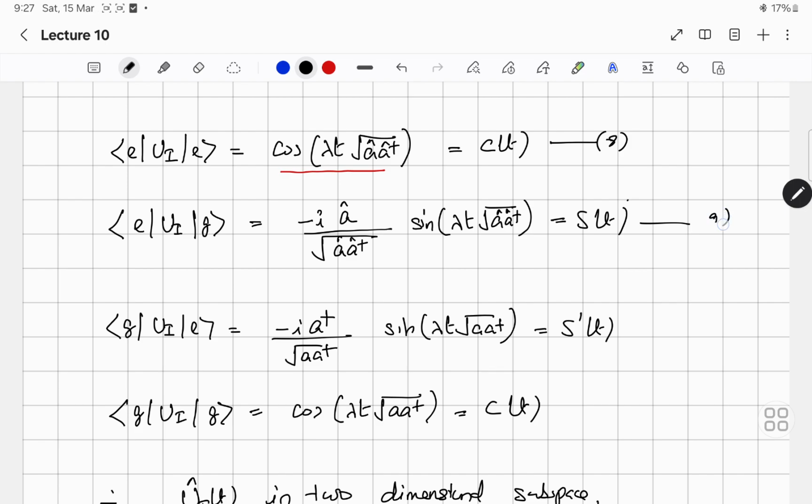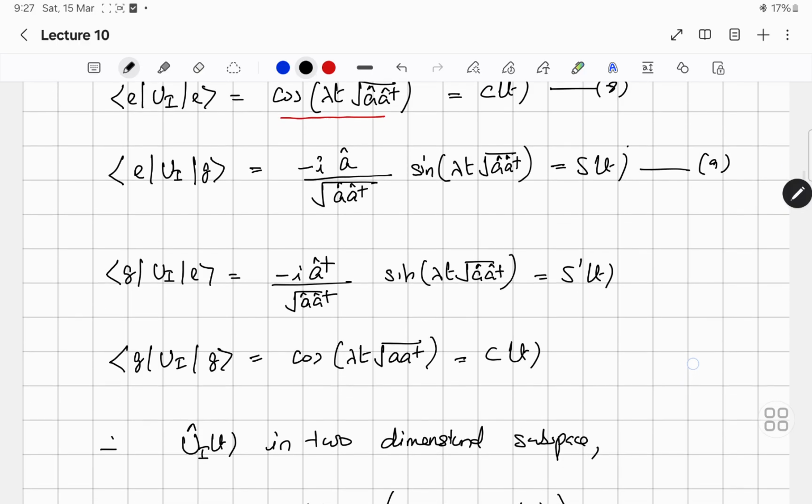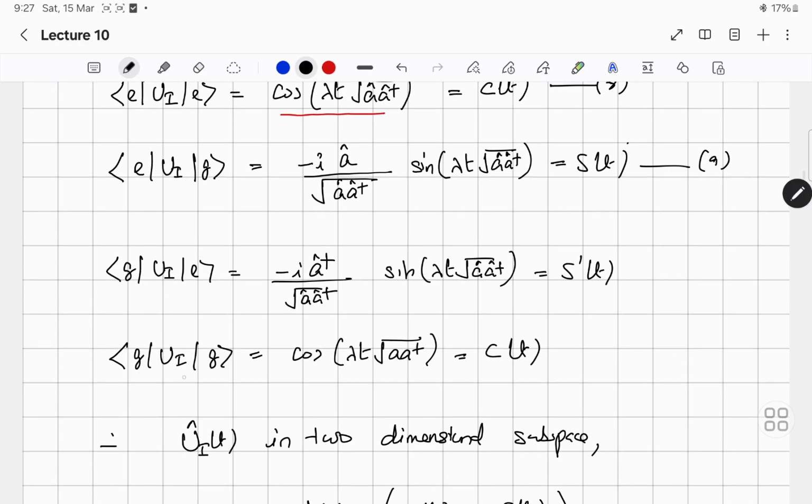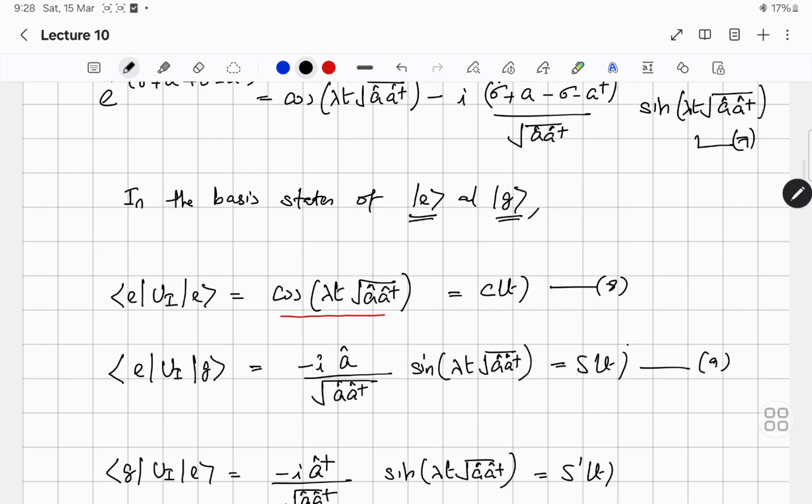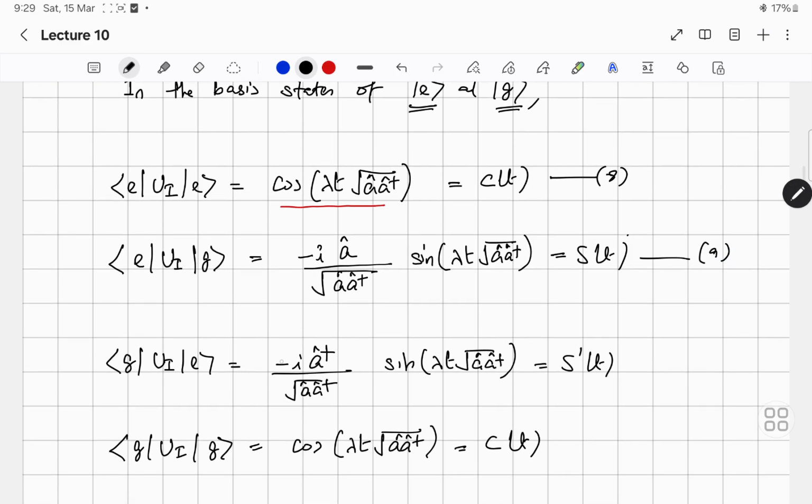Let this be equation number 9. Similarly we can find the third element <g|UI|e>, and that is simply s dash of t, because this is your s of t and this can be represented as s dash of t. And finally the last element <g|UI|g> is cos lambda t square root of a dagger a, represented as c of t. I think there is a small correction here. This must be plus. Okay, so let this be equation number 10 and this be equation number 11.